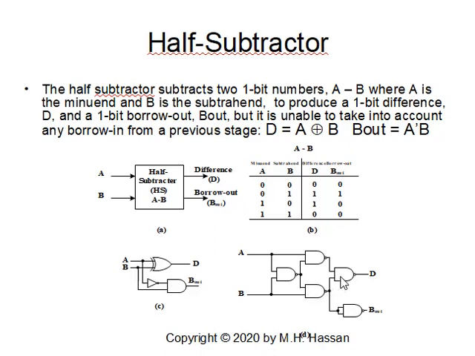We know that a 4 two-input NAND gate circuit can represent an exclusive OR, and by simple circuit manipulation, the output of this NAND gate will be a prime b all prime, so we need one inverter to get b out, and the exclusive OR will give me the output d. So in a 5 two-input NAND gate circuit, we can implement d and b out. So this is the half subtractor.